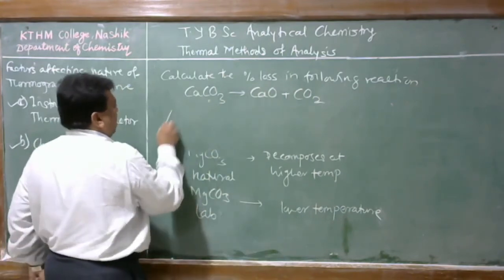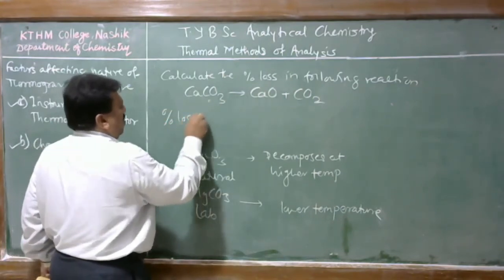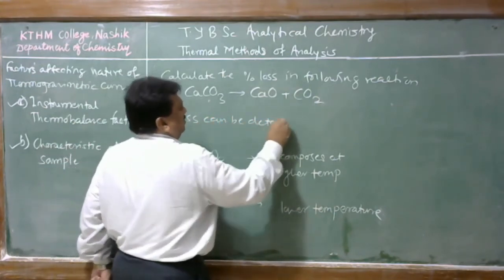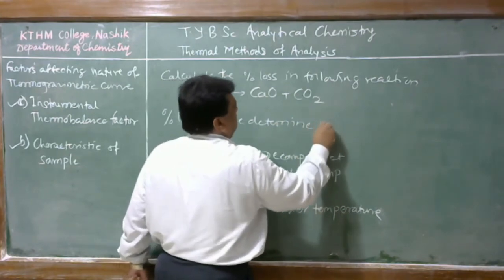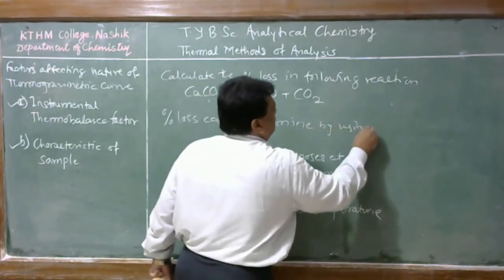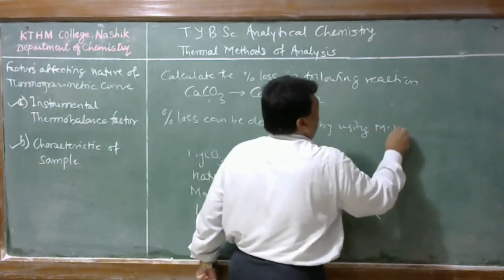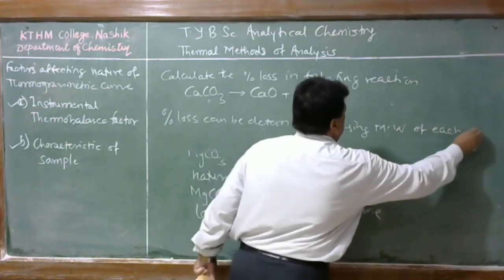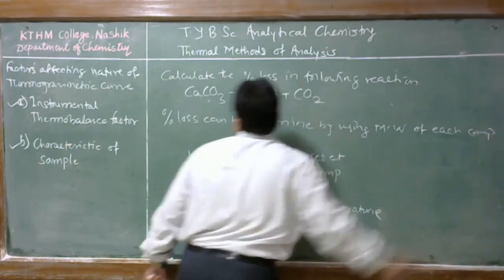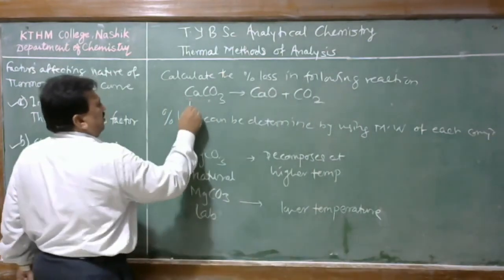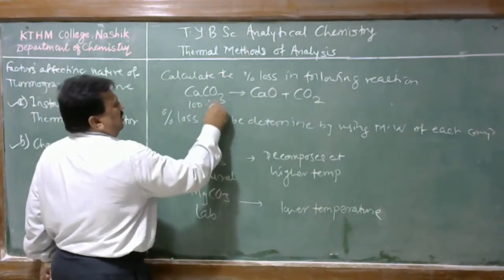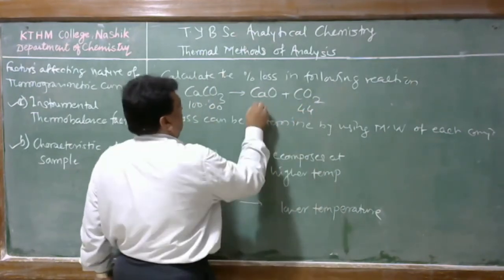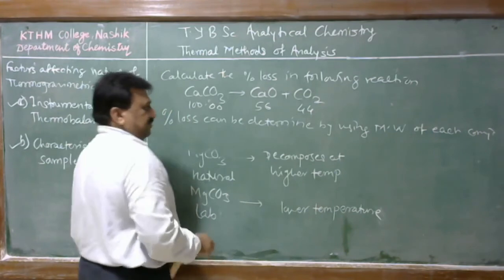Therefore, percent loss can be determined by using the molecular weight of each component. The molecular weight of calcium carbonate is 100, for CO2 it is 44, and for CaO it is 56.